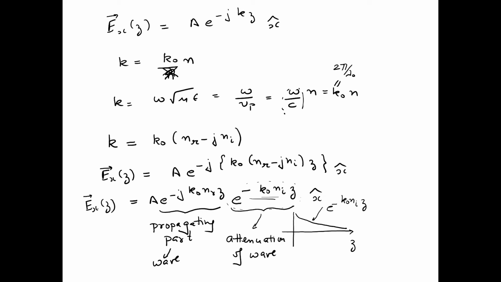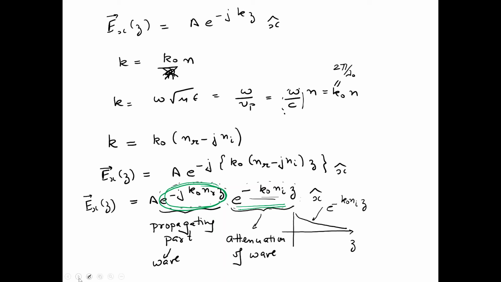So I have a part which behaves like a wave, e^(-jkz), but as the wave travels forward in z, its amplitude is decaying by that term.